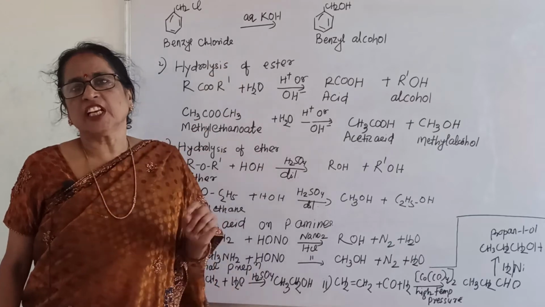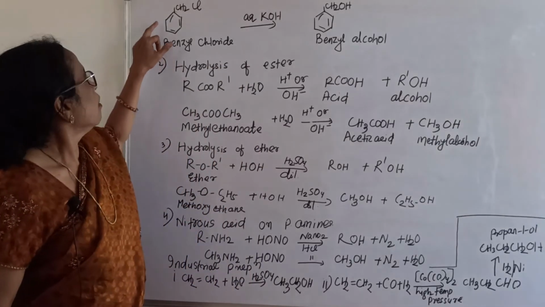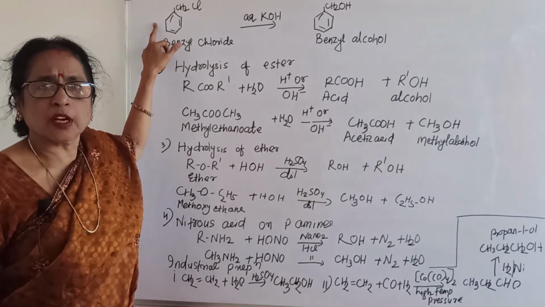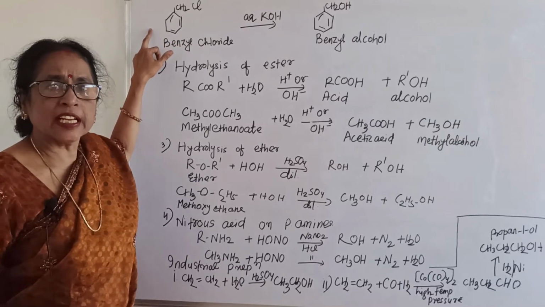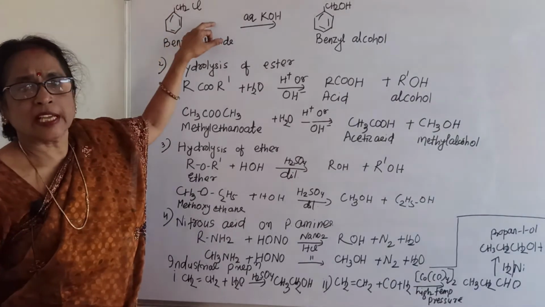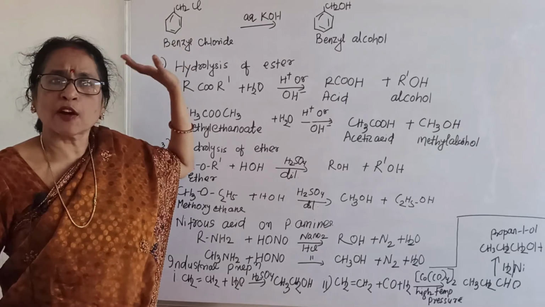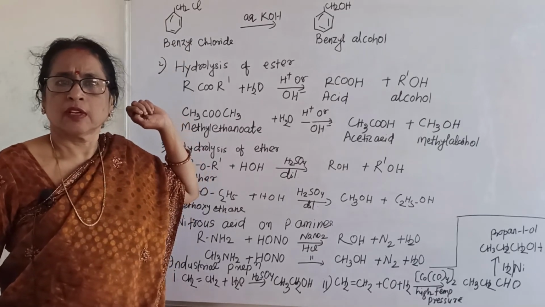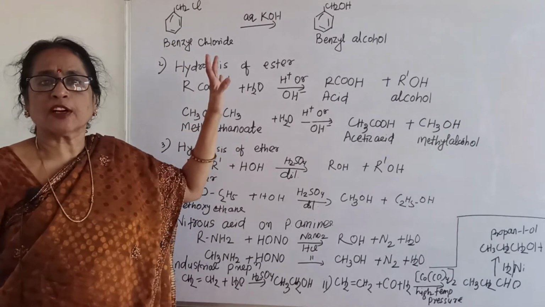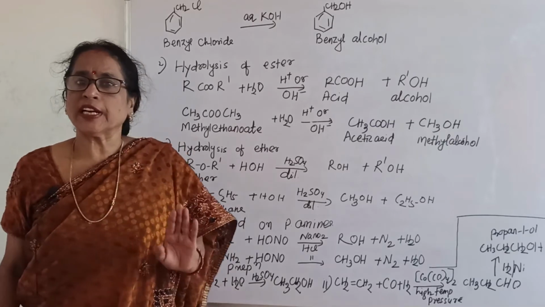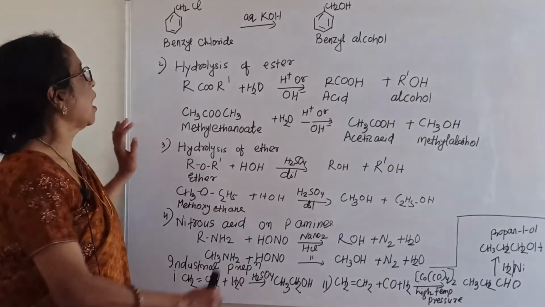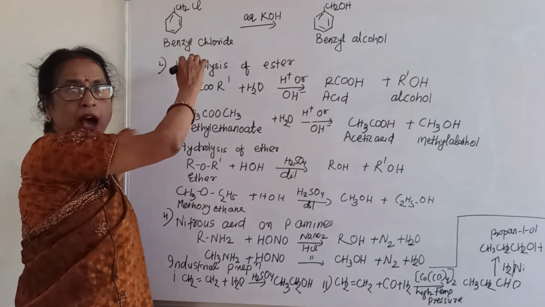Here it is benzyl chloride. Now see, what is the structure of benzyl chloride? One benzene ring, CH2, Cl. It looks like an aromatic compound, but it is not an aromatic compound. It is a haloalkane.